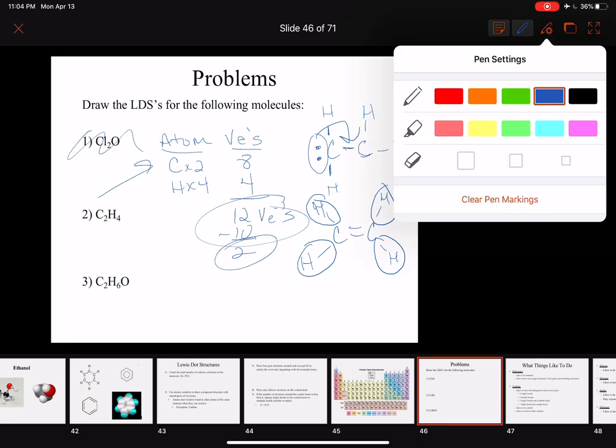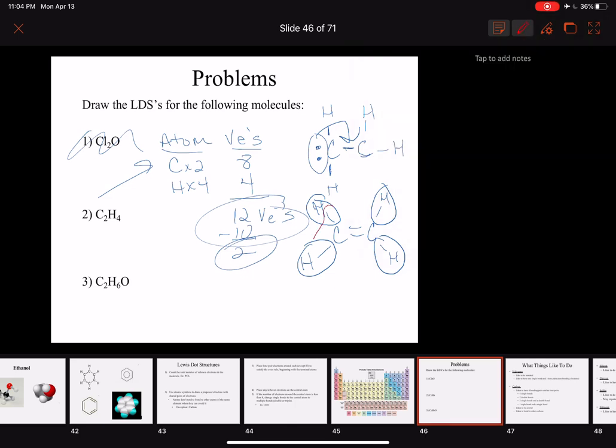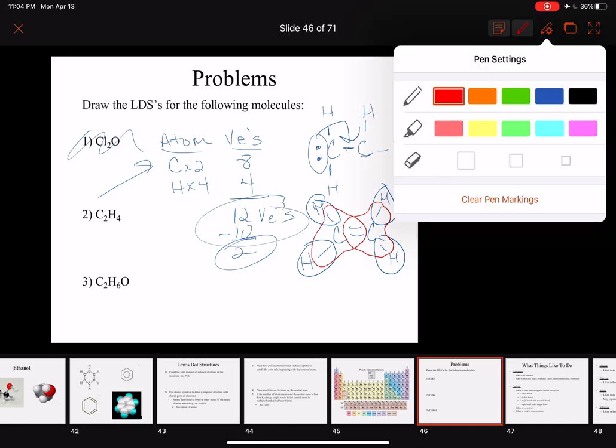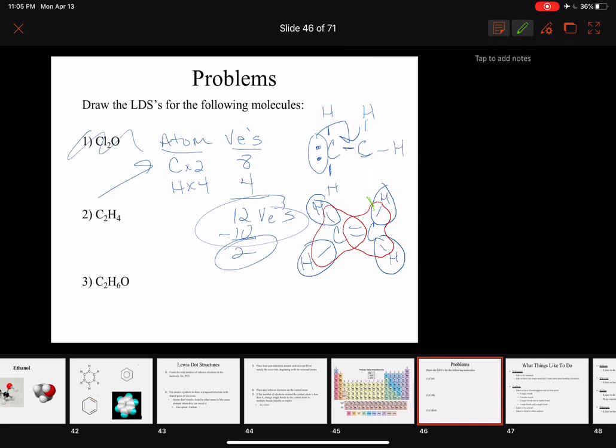And our carbons, they can both pretend through all of this sharing that they have octets. So you can see that right here. 2, 4, 6, 8. Okay, for each of them.